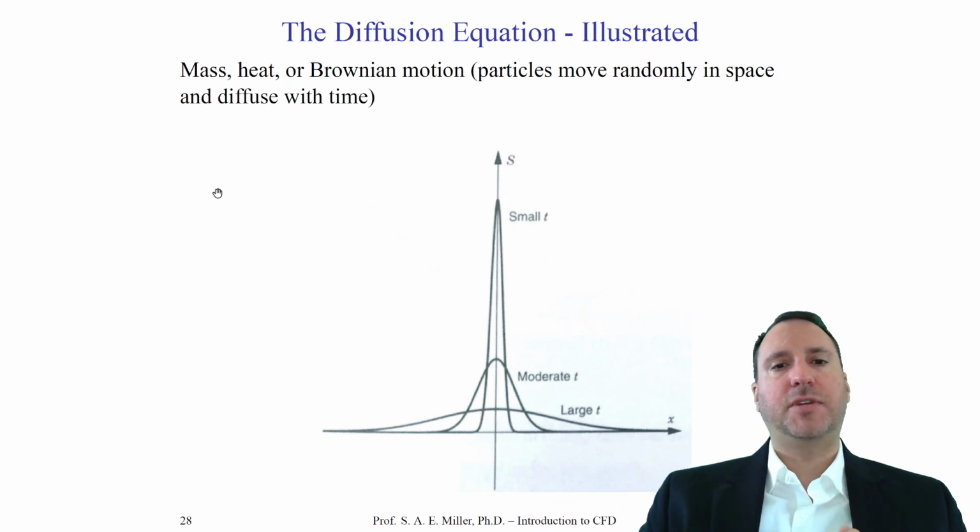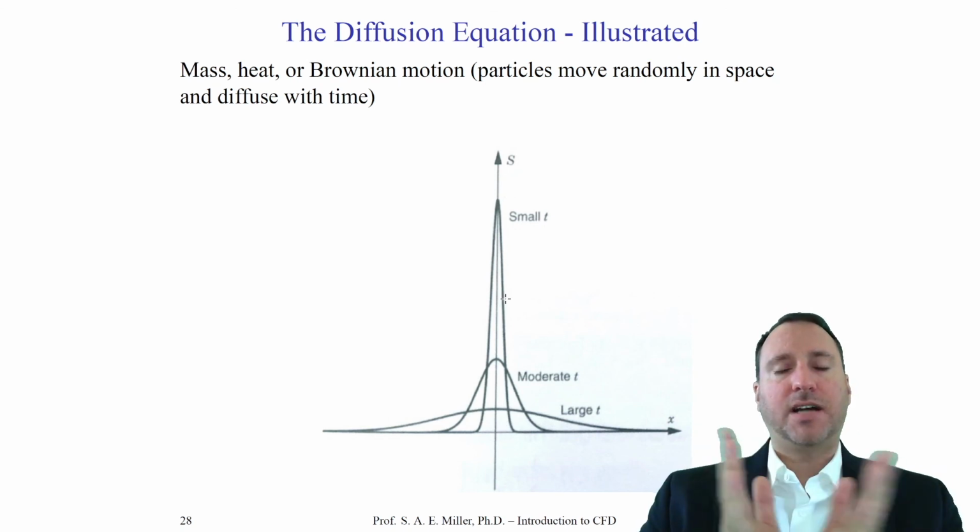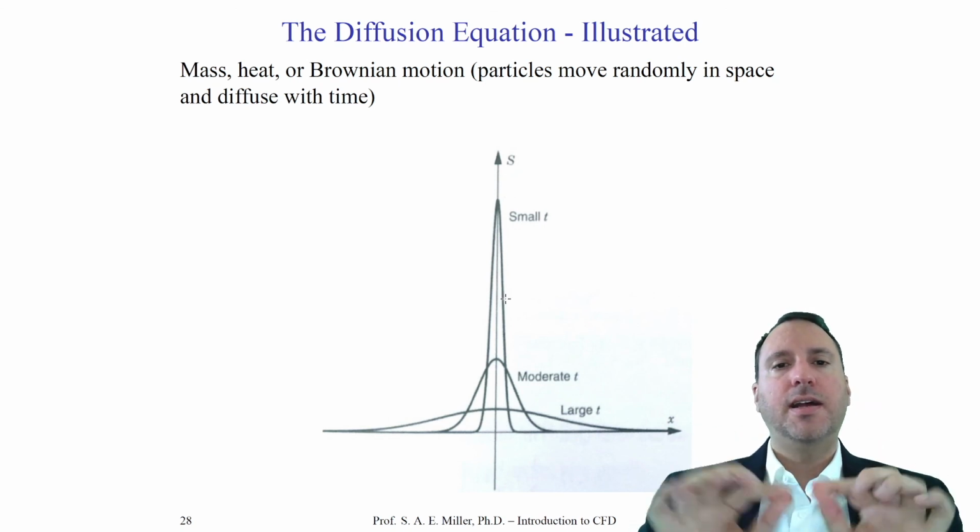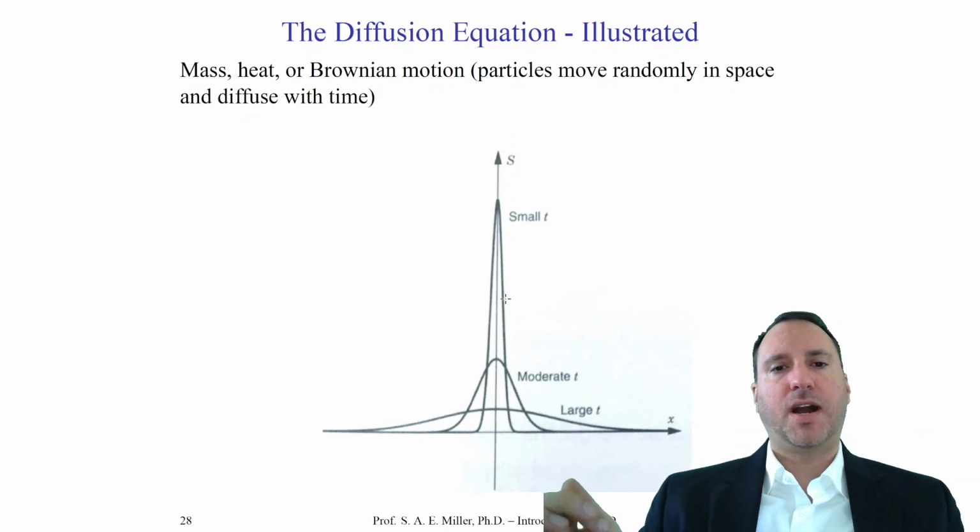So imagine at some initial time in some domain x, we have some dye concentration on the y-axis. And at a very small or initial time, we might have some nice Gaussian initial condition centered about x equals 0. As time increases, that dye or concentration of the dye will be moving to the left and right, and it's removed from where it initially was.